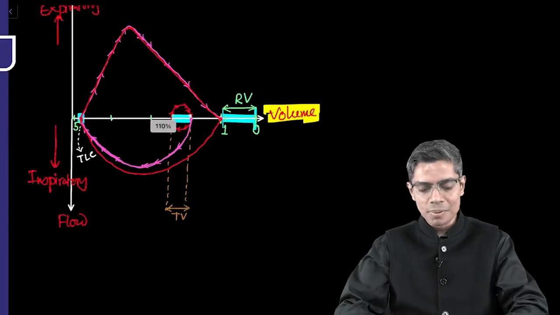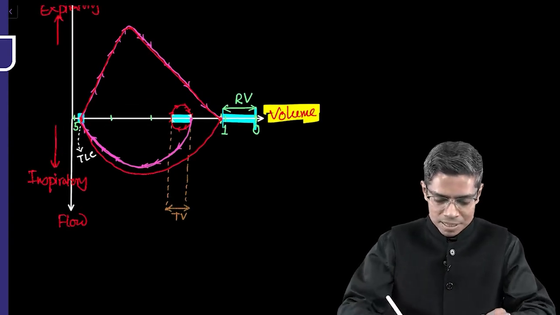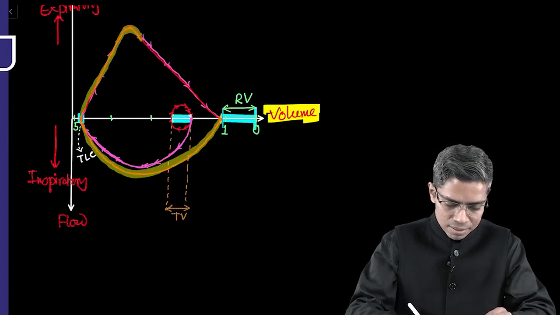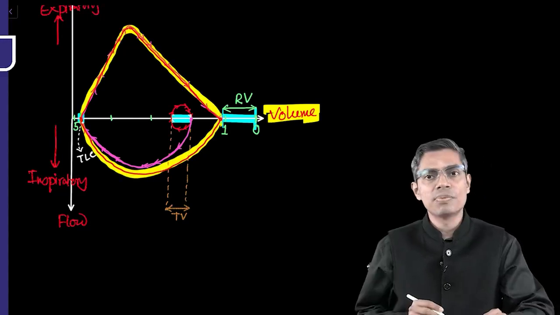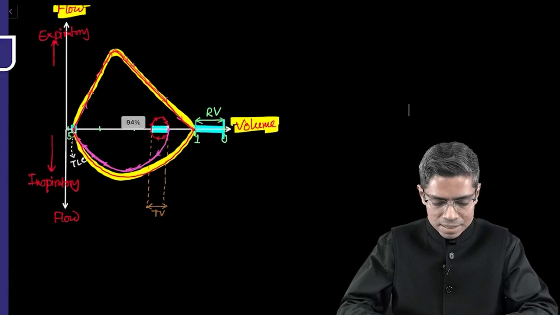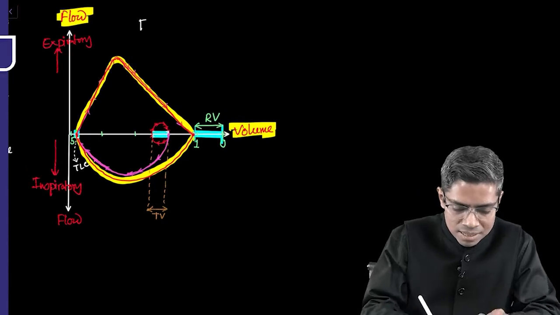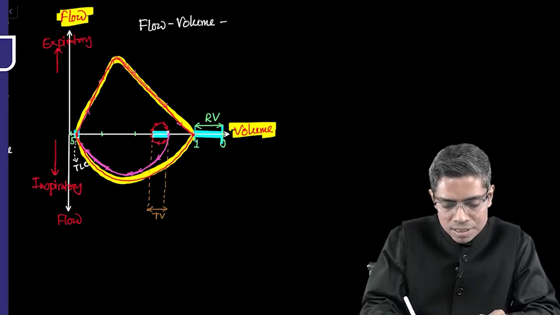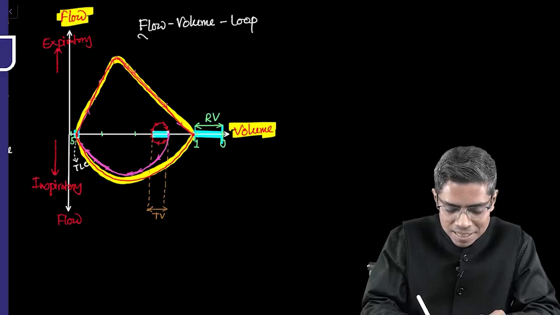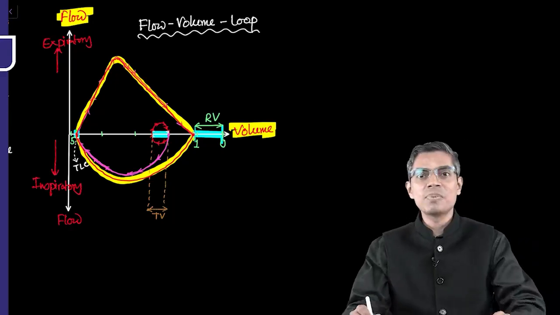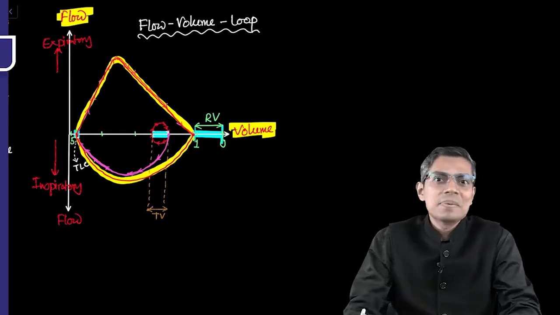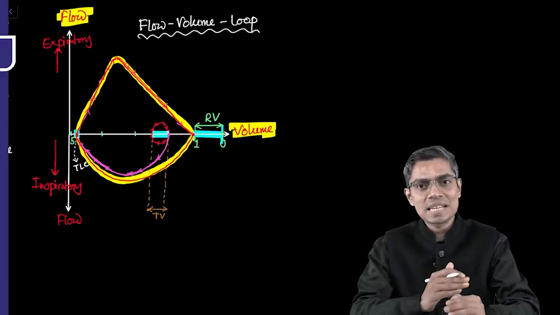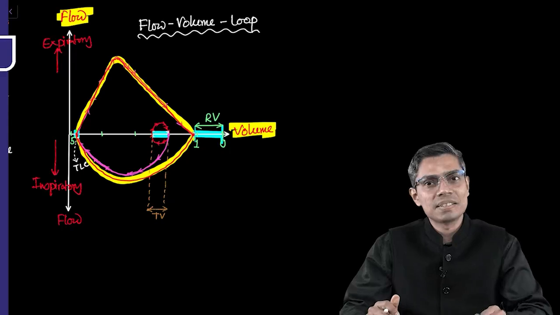So now you find that if you follow this inspiration and expiration, it is forming a loop, and this loop is famously known as the flow volume loop of the respiratory system. In the cardiovascular system we have discussed the pressure volume loop, so here is a flow volume loop, very important. The x-axis is the volume, the y-axis is the flow.